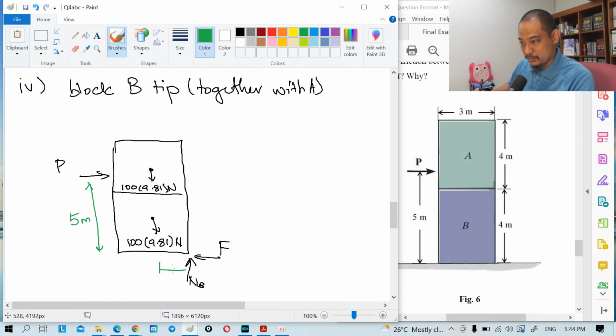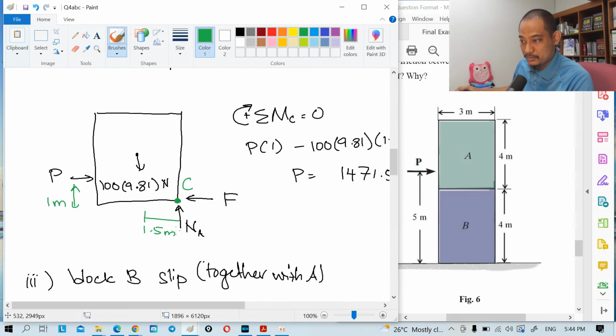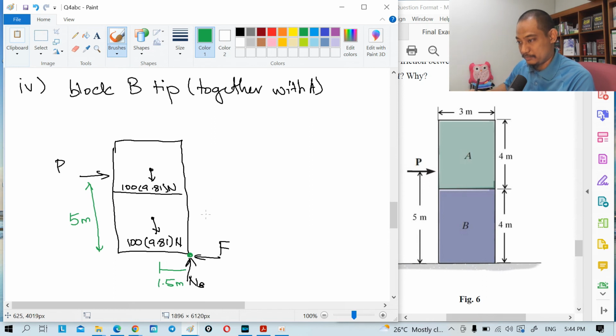So this one is 1.5 meter. Now just now we labeled the point C, so let's label this one D. Summation of moment about point D equal to 0, if we take counterclockwise as positive.